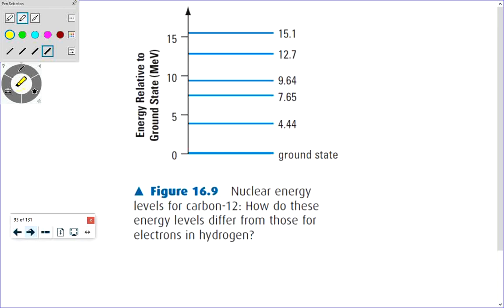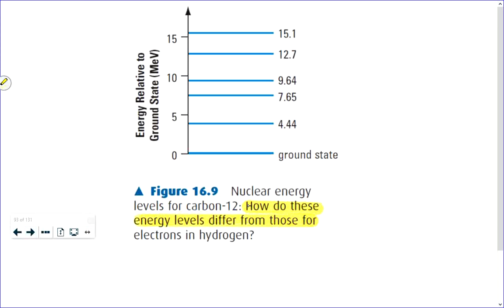It's just a diagram showing numbers. I want everybody to think about this question. And you know what? I could even cross this out and put carbon. If we had an energy level diagram, an electron energy level for carbon, how does this nuclear energy level diagram for carbon, how is it significantly different than the electron one?